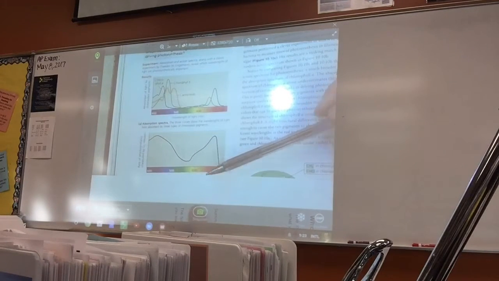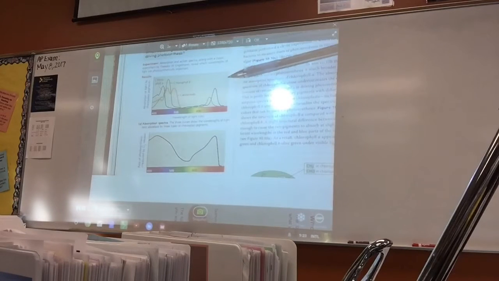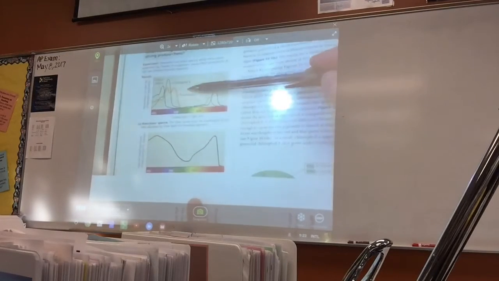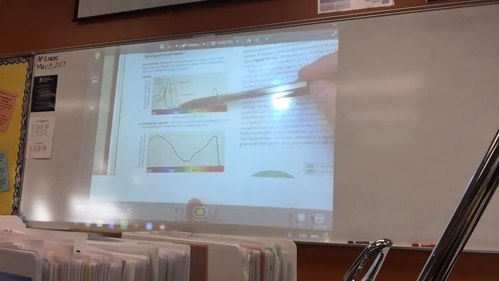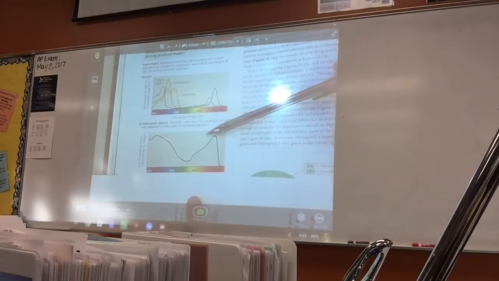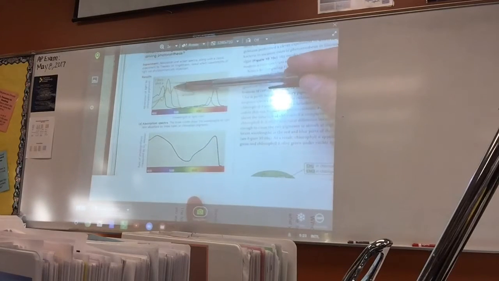And the chlorophyll A also seems to be the best at photosynthesis, or the most common in both of them. Okay, yeah, absolutely. That's interesting what you noted about the carotenoids, that it peaks up almost as much as it does here, so therefore it must not be doing a whole lot for photosynthesis.